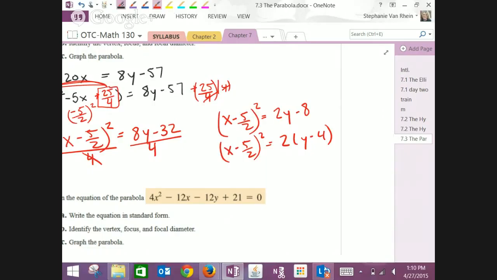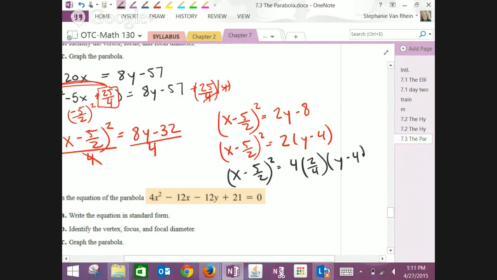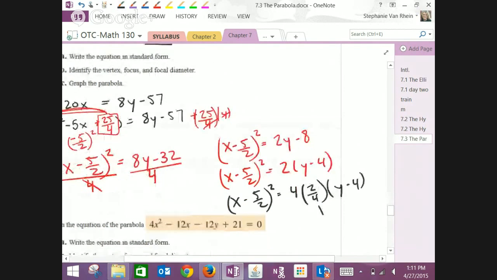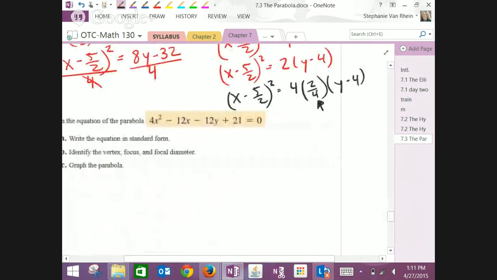I could go one step further and write this as 2 over 4 times (y minus 4). And that would just tell me what p is. This is p. Do you guys see?